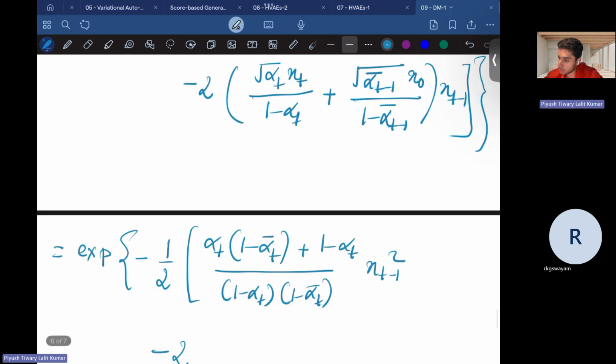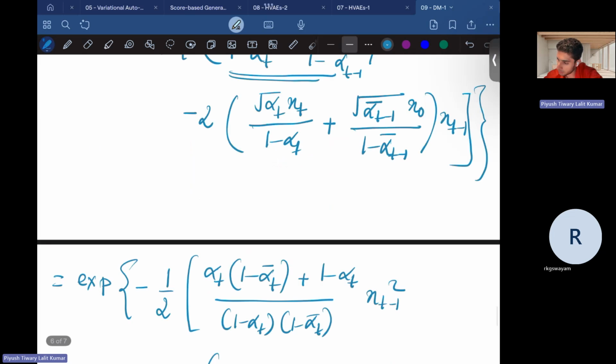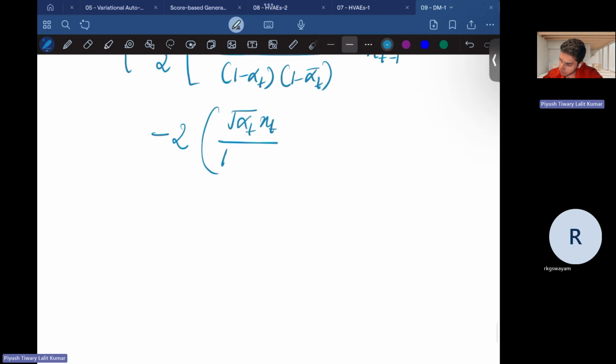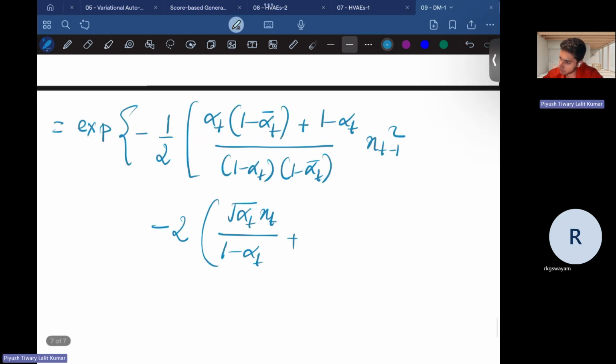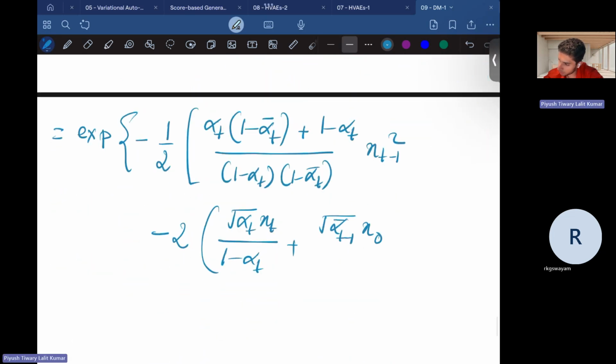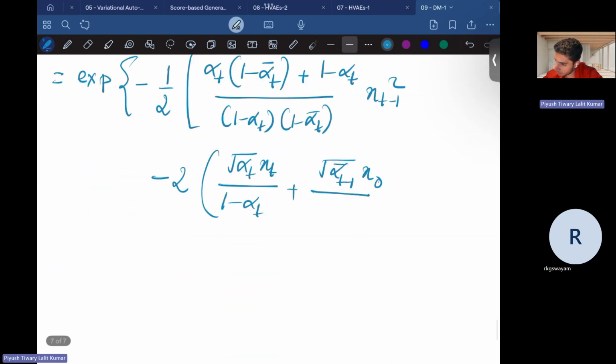Nothing required, so let's keep that as it is: root of alpha_t x_t divided by 1 minus alpha_t, plus root of alpha_{t-1} bar x_0 divided by 1 minus alpha_{t-1} bar, times x_{t-1}.